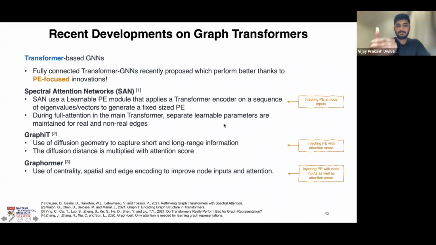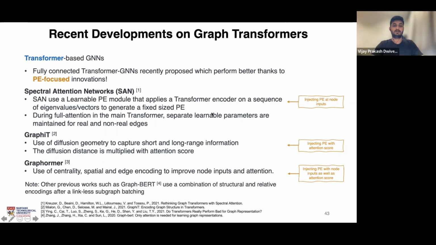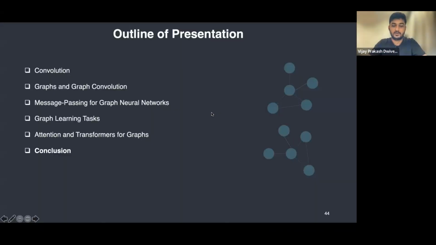So these three methods use fully connected global attention, and simply using fully connected global attention is not powerful, but they are powerful by the presence of the positional encoding. And in the case of spectral attention, also because of the fact that there are separate parameters for real and non-real edges.